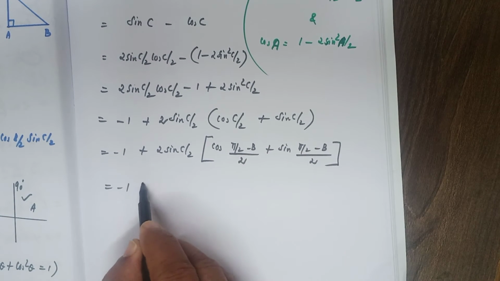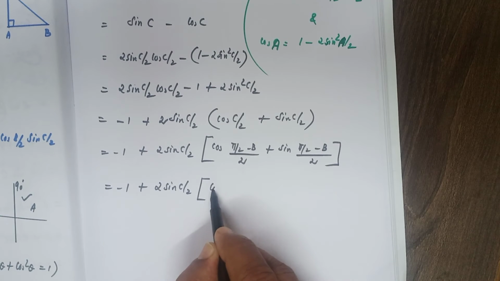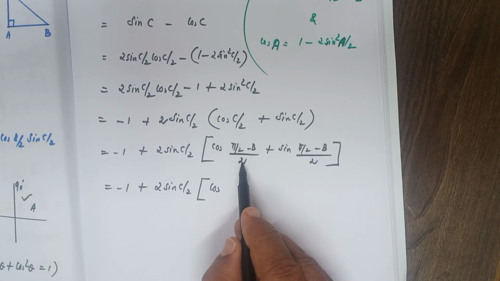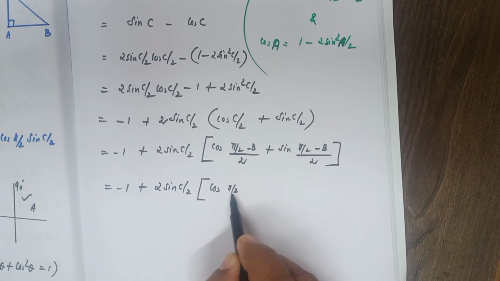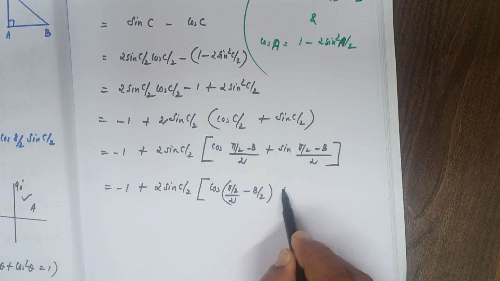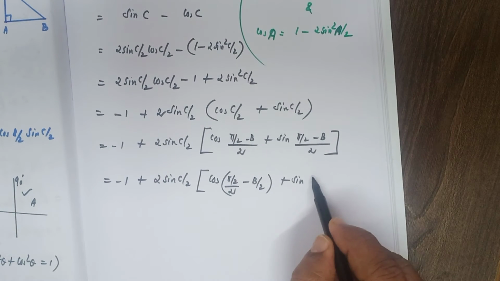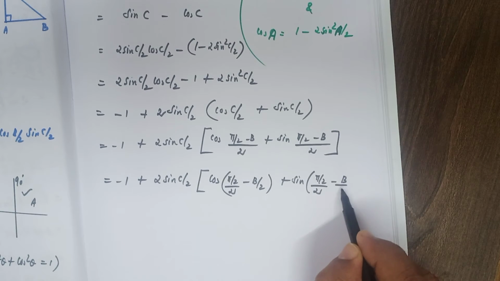That is equal to minus 1 plus 2 sin c by 2 into cos of, this 2 is common for pi by 2 as well as b, so pi by 2 minus b by 2, plus sin of pi by 2 divided by 2 minus b by 2.